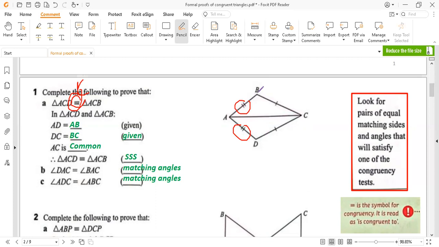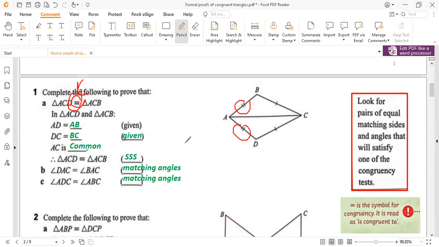And with the same reasoning, BC equal to DC, and the third side is a common side between the 2 triangles. So yes, AC equal to AC, of course. So these 2 triangles are congruent by SSS, 3 pairs of equal matching sides.